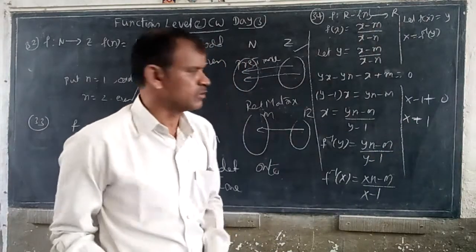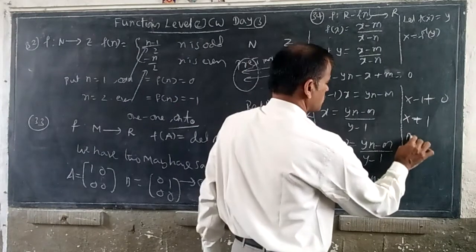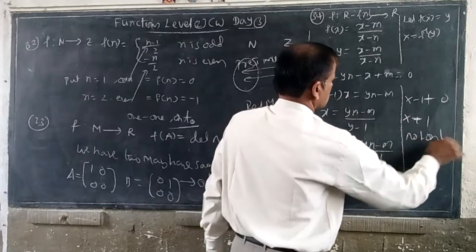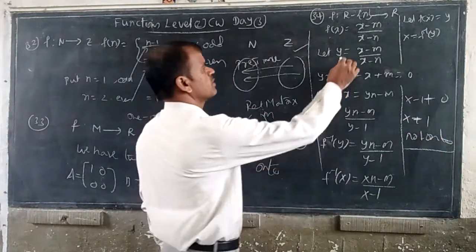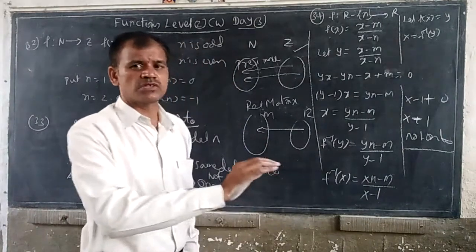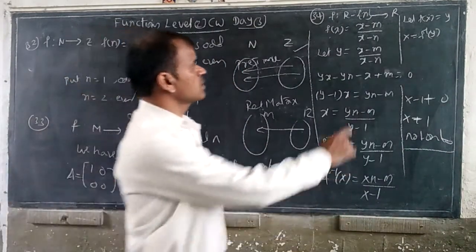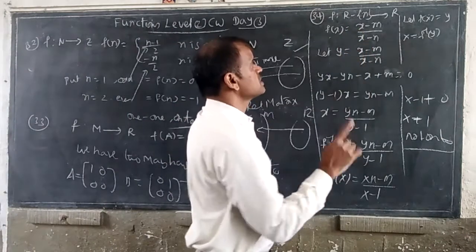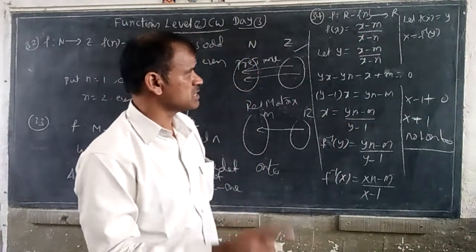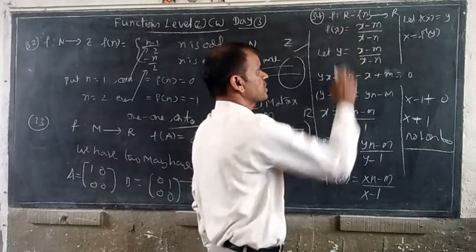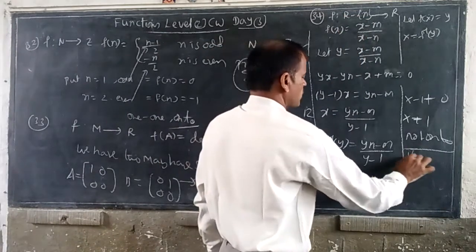So one case fails. Therefore it is not onto. Of course, there is no square. Whenever there is no square, directly you can say that it is 1-1 properly. X not equal to m. Yes, mentioned r minus second, not the fractional part here. R minus m, we should not consider. It is okay. That is why it is 1-1.